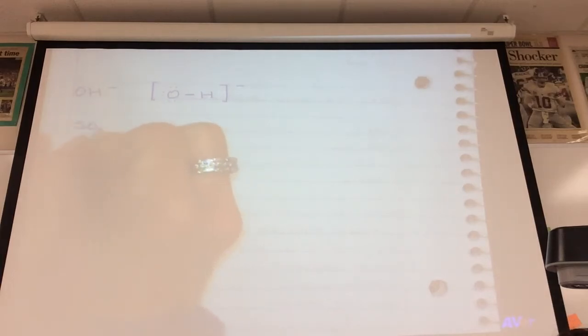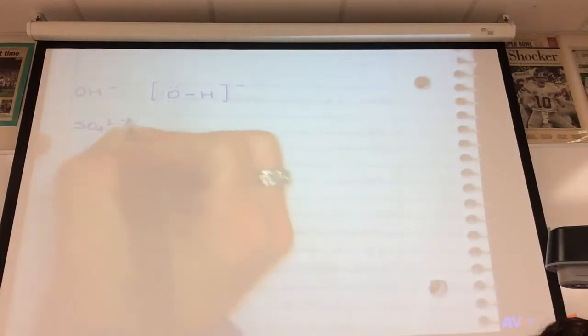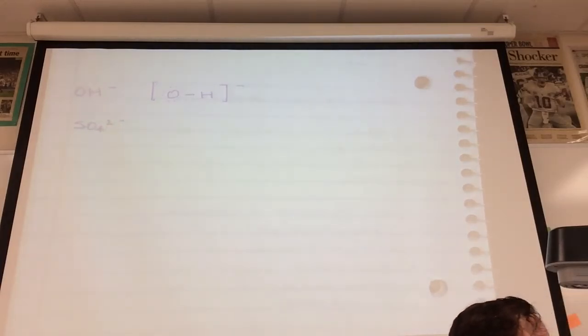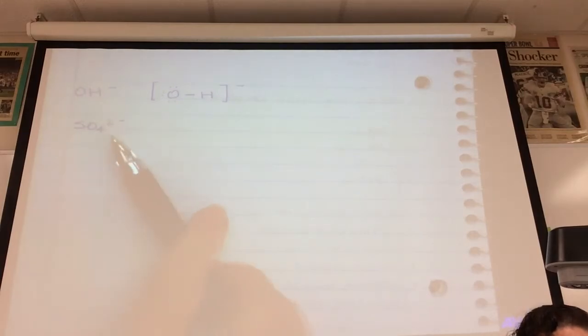Similarly, a sulfate ion. You have 4 O's covalently bonded to the S with a 2 minus charge overall. I can draw it out, but I think it may be a little bit overwhelming to you, and I don't want to do that at this stage. Drawing these out is not what we're talking about today.